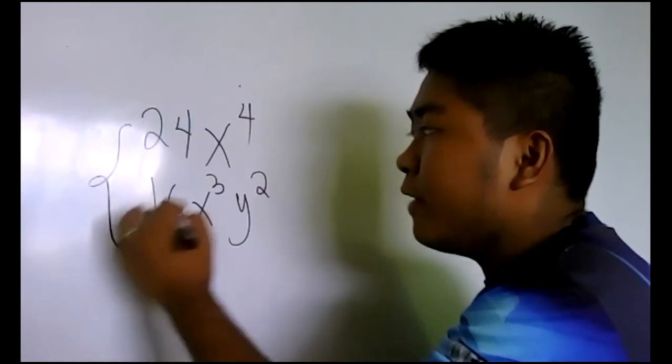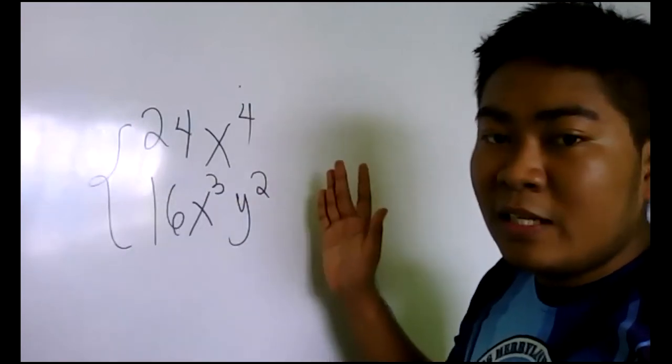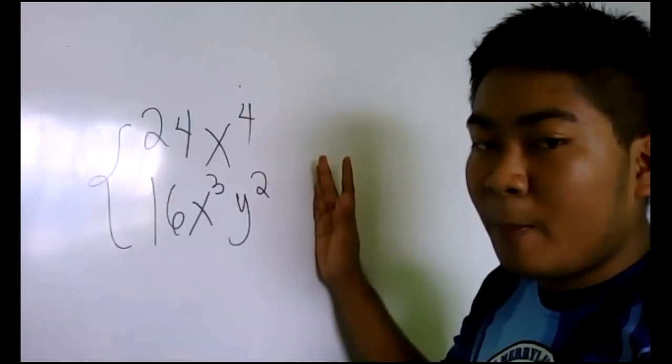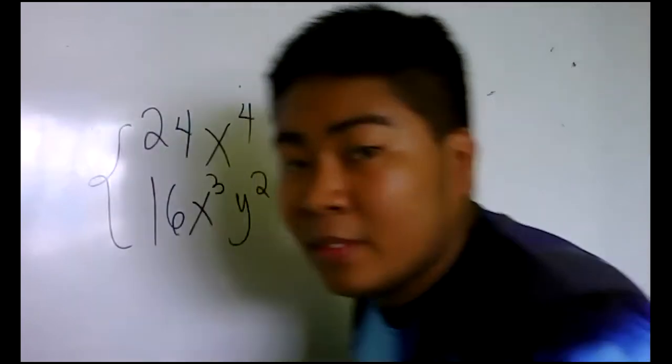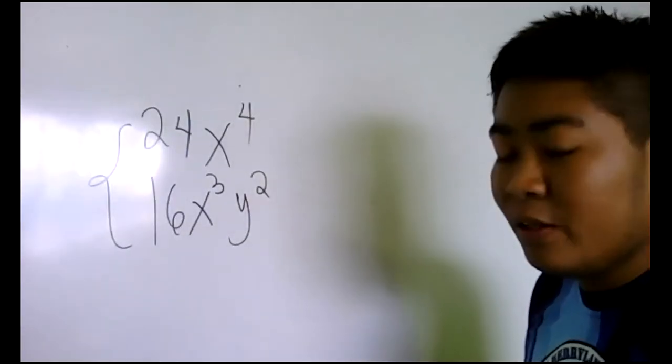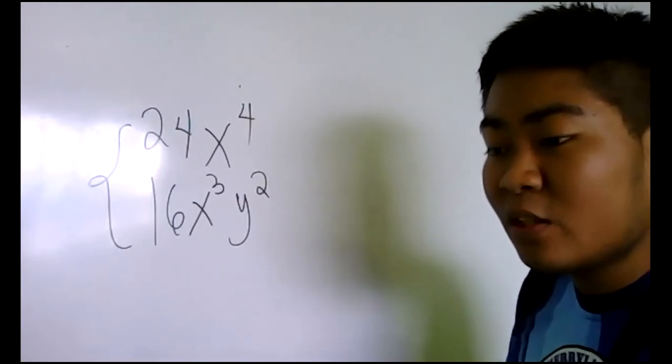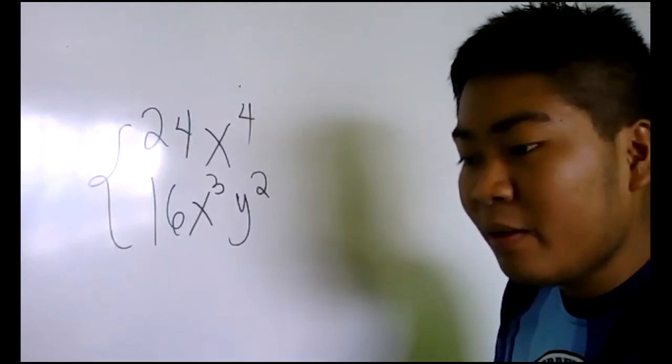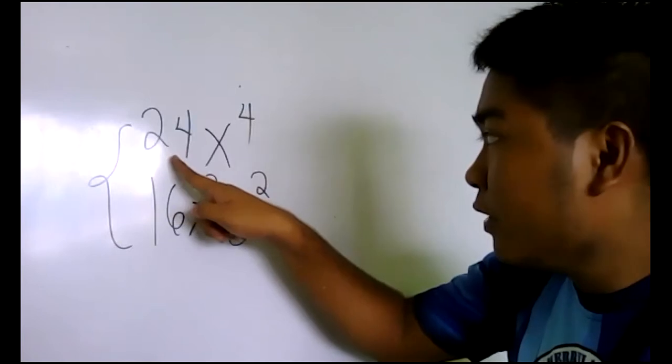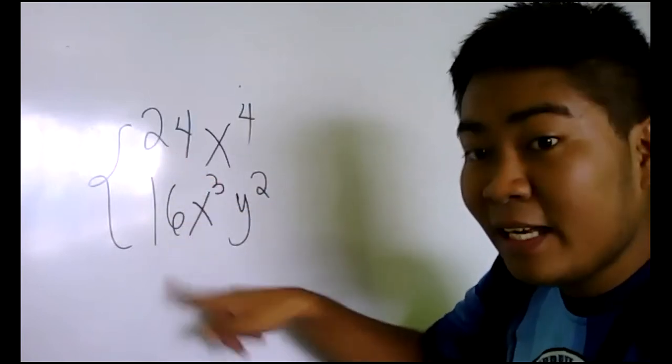So what would be the factor of these two algebraic expressions? First step is to find the greatest common factor. So the greatest common factor of 24 and 16 is what?